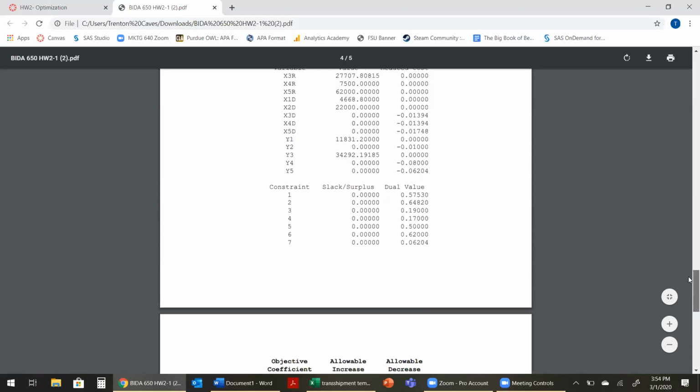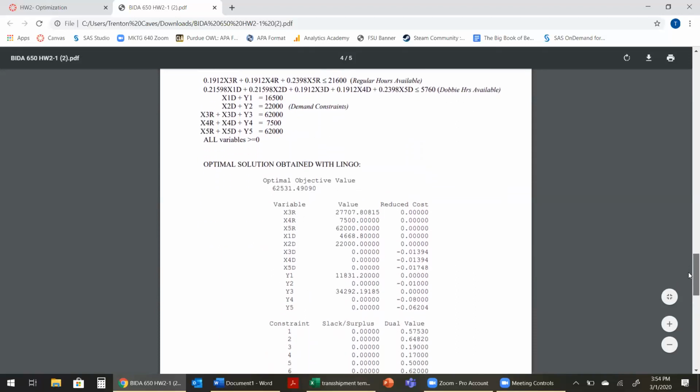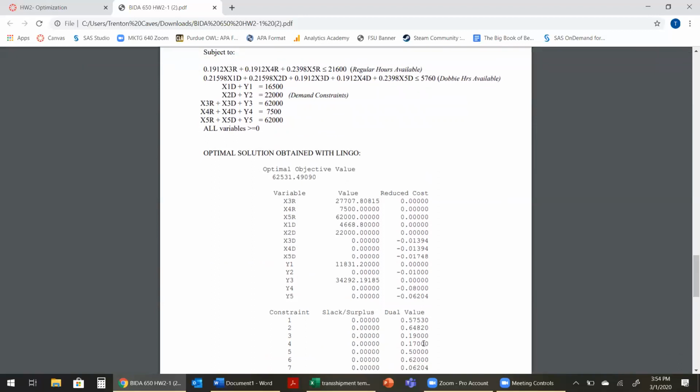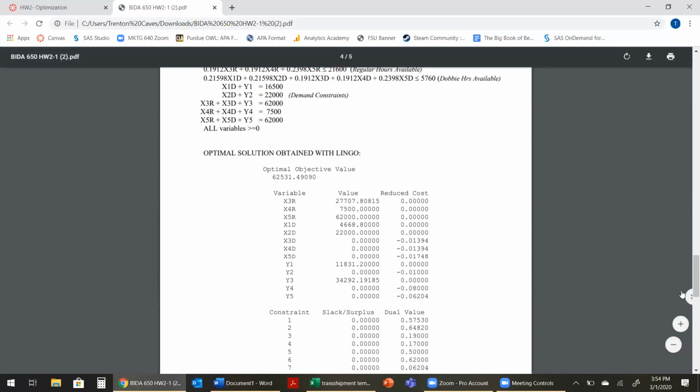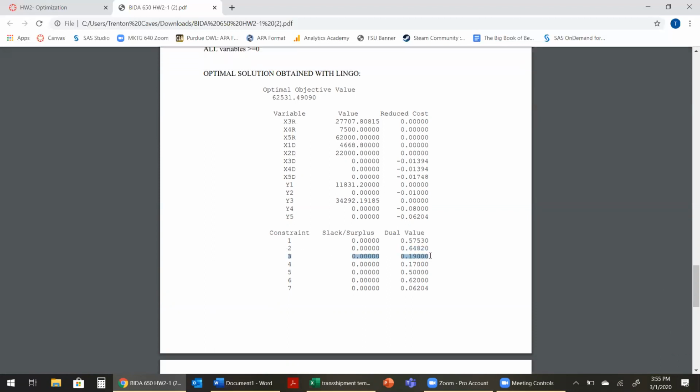So 1 is on regular looms, 2 is on Adobe. And then constraints 3 through 7, how much more is 1 unit of fabric worth? So for example, 1 more unit of constraint 3, which corresponds with fabric number 1, would generate 19 cents of profit.